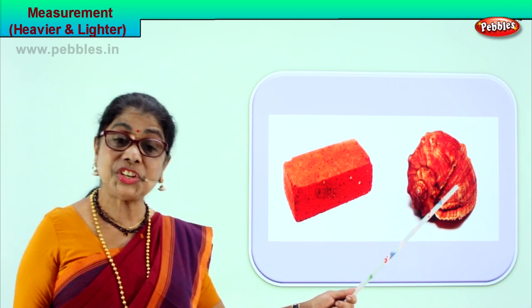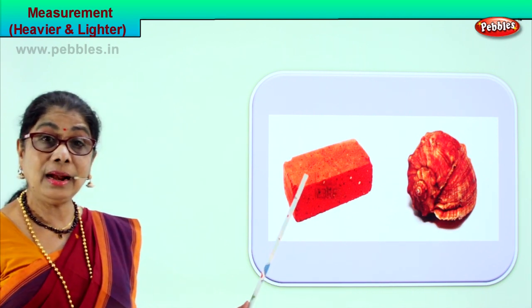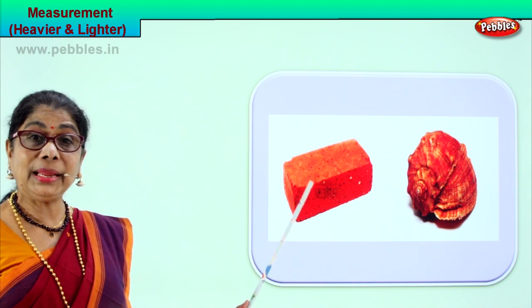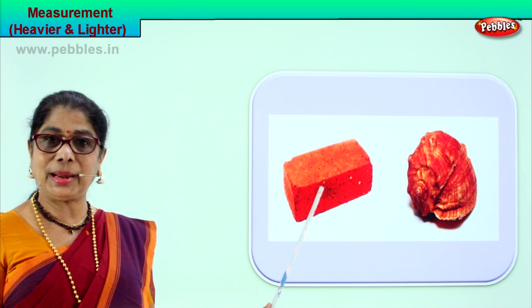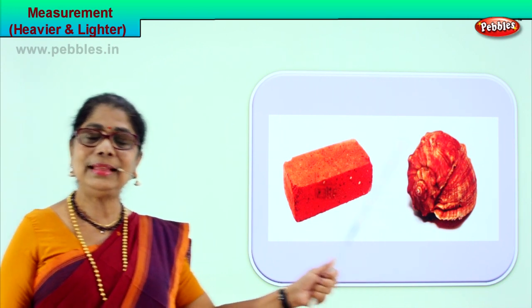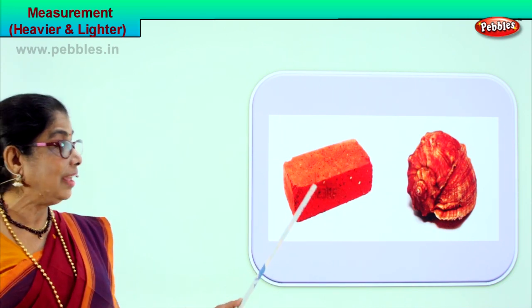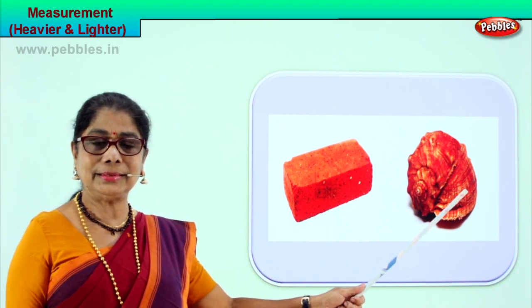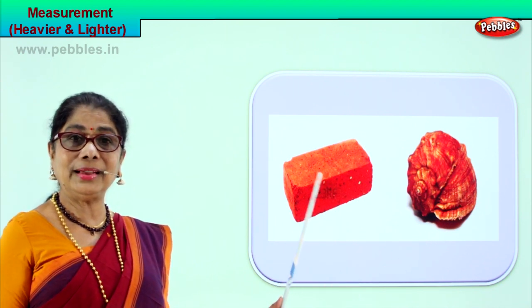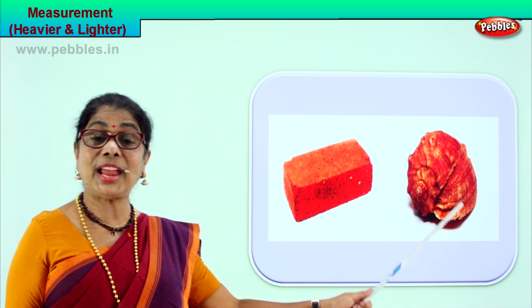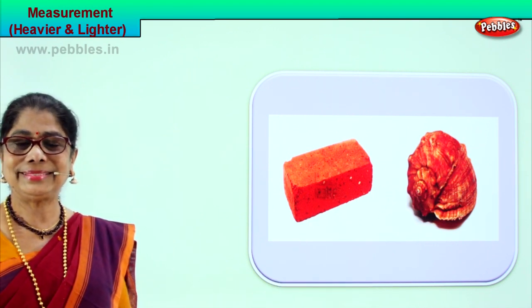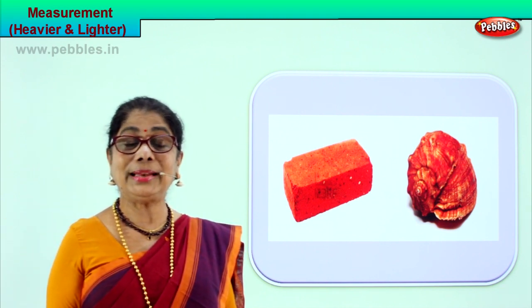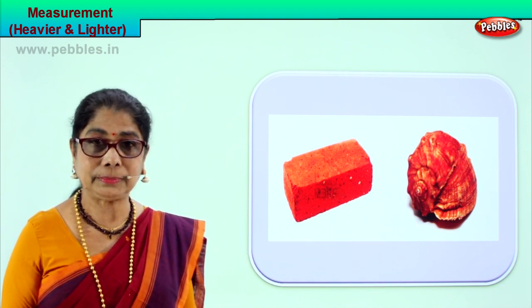When you weigh a shell and a huge brick, the brick is heavier than the shell. This is the shell, this is the brick. This is lighter than the brick. Heavier, lighter, lighter, heavier. The brick is heavier than the shell. The shell is lighter than the brick. Good.